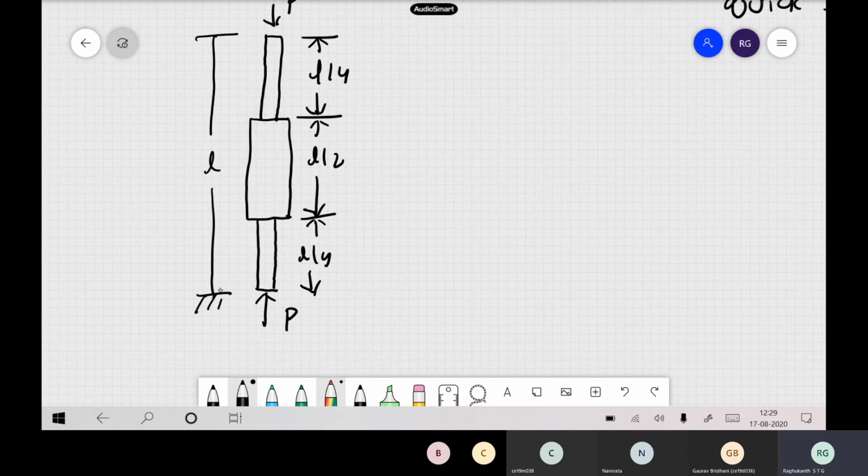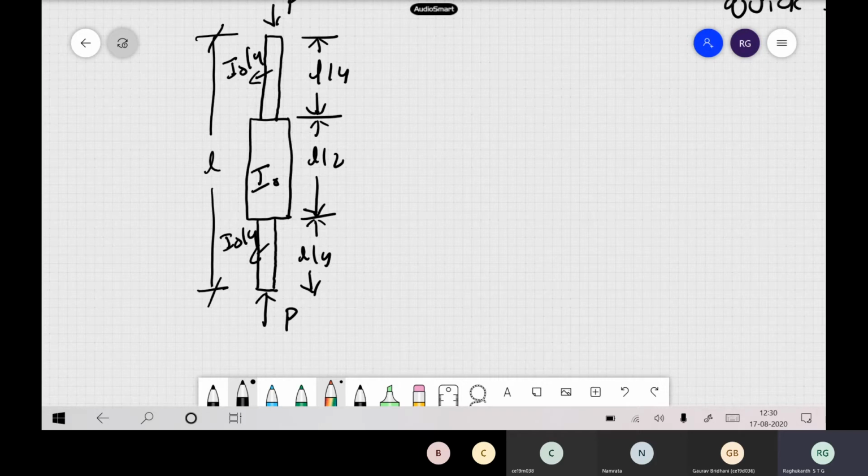Now, this is the length of the column. Here the moment of inertia is I naught. Here it is I naught by 4, and here also it is I naught by 4. Okay, so now how do you solve this problem by energy methods or by equation of equilibrium?